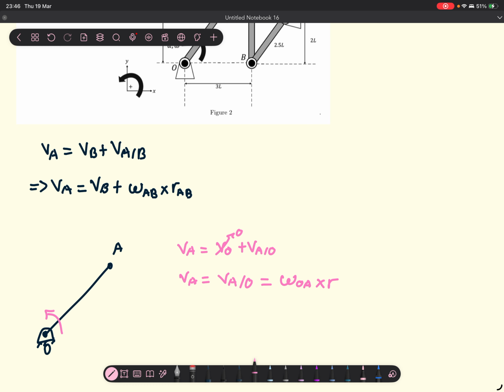Cool. Now, this term over here is always perpendicular to R, right? So you're basically taking a vector. Remember, when you take the cross product of two vectors, you get a vector that's perpendicular to both. So we're going to get a vector that's perpendicular to R, and R is just this line here, right?